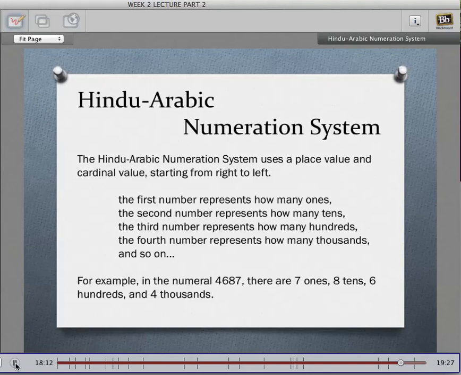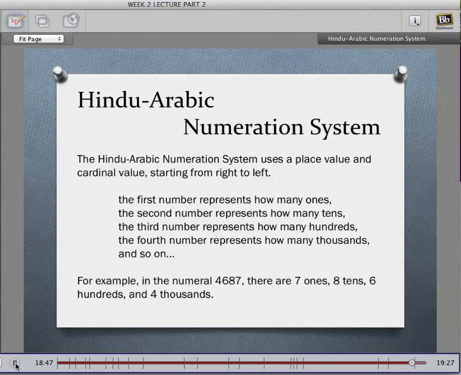As a number gets bigger, it goes farther to the left. When we read words and books and sentences, we go from left to right. We read numbers that way, but they're not written that way. It's a very odd difference between numbers and writing. So understand that some children will write 463 as 634, or 364.